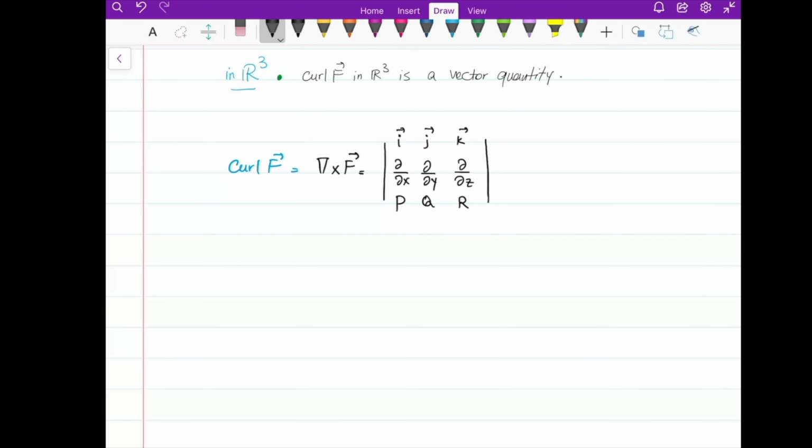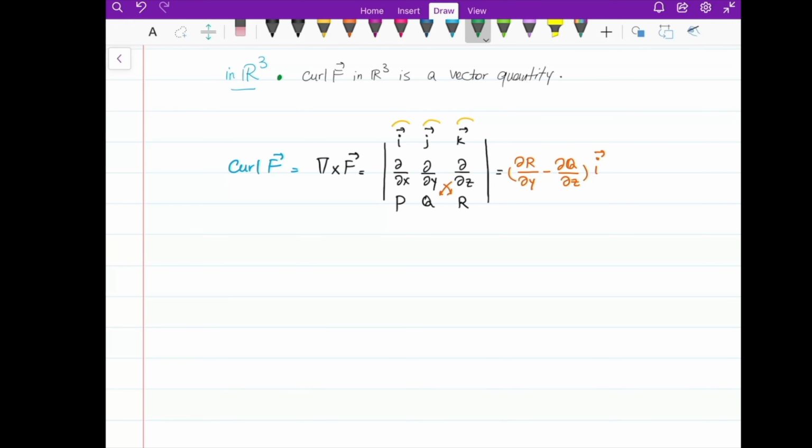Now let's calculate this determinant. I have i, j, and k, so it would be i. I remove the first row and the first column, and find the determinant of this minor. It would be this times that minus this times that. So it would be partial derivative of R with respect to y minus partial derivative of Q with respect to z, times i.